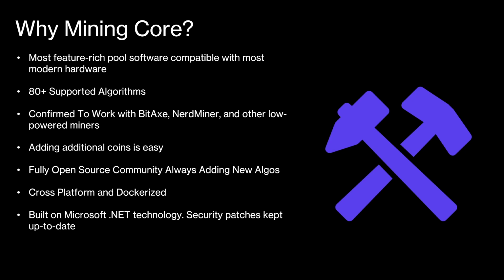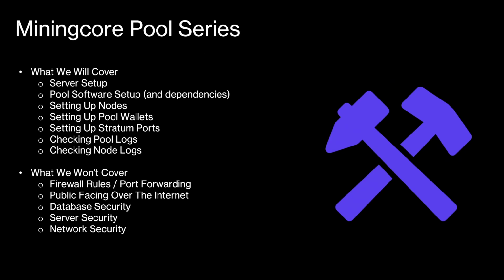So at the software development, at the coding language level, Microsoft's always making sure those security patches are put out. And on top of that, any third-party packages that are referenced in the code are also frequently patched through Microsoft's NuGet repositories.